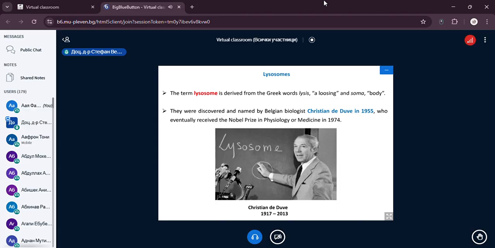Lysis in Greek means loosening or to dissolve or to degrade, and soma is body. These are organelles in which processes of degradation occur in the cell.